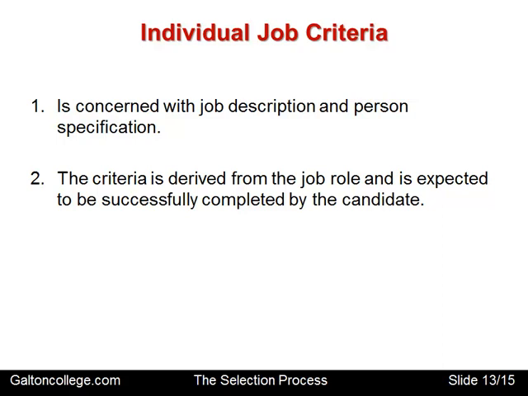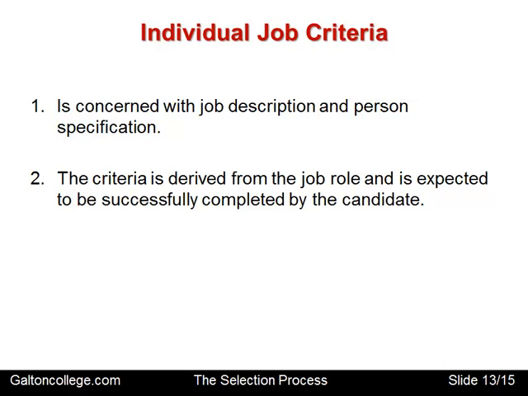So the job description tells the candidate what is required specifically. What will the person be doing if they're successful in their application? What job will they be doing? And the person will then know what they're doing, and there is full information on either side. The employer will be recruiting a person who knows what is expected of them.